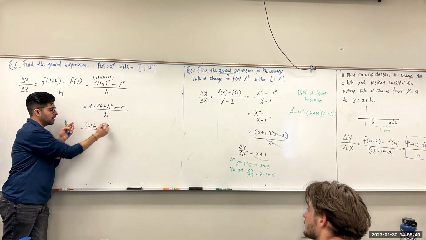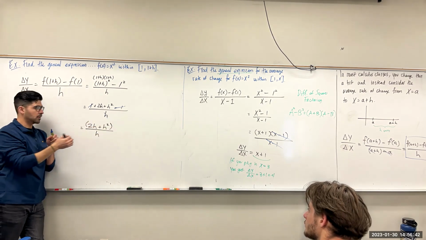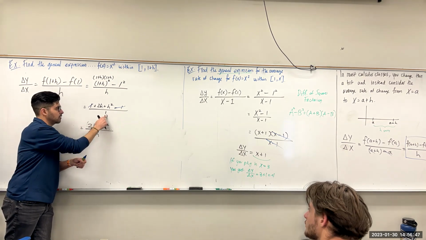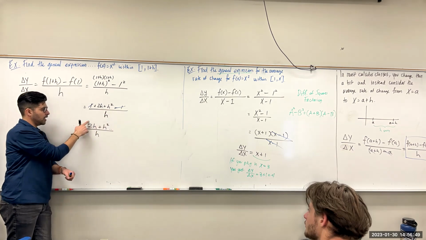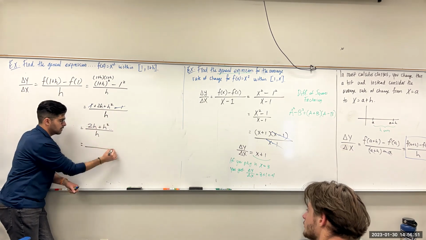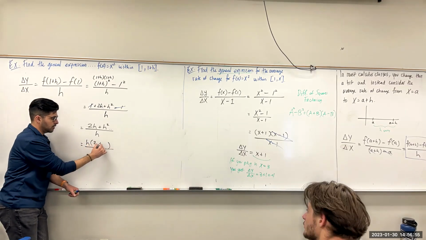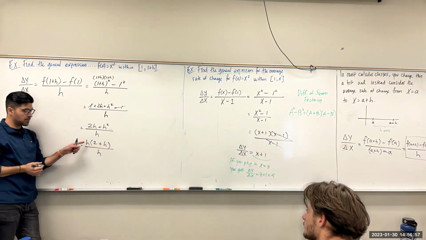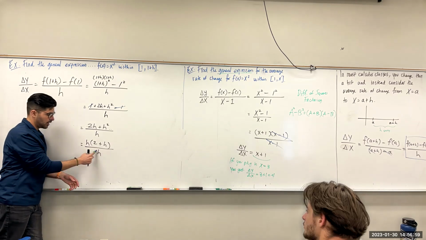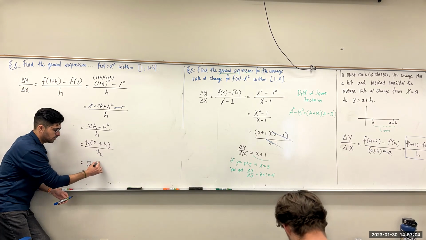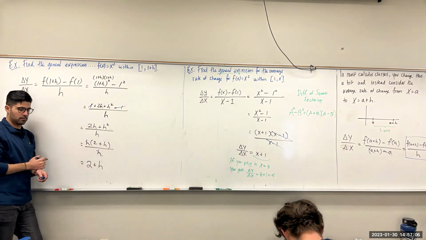But you can factor out the h, and then when I factor out the h on the top, I'm left with what inside? 2 plus h. But now because this h is factored, you can cancel it out. And so then I'm left with 2 plus h.